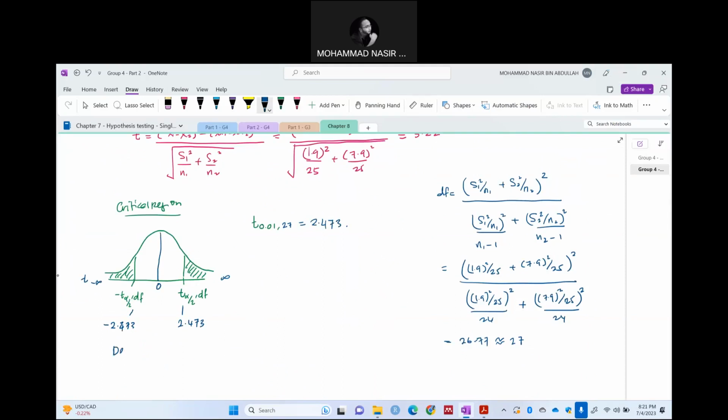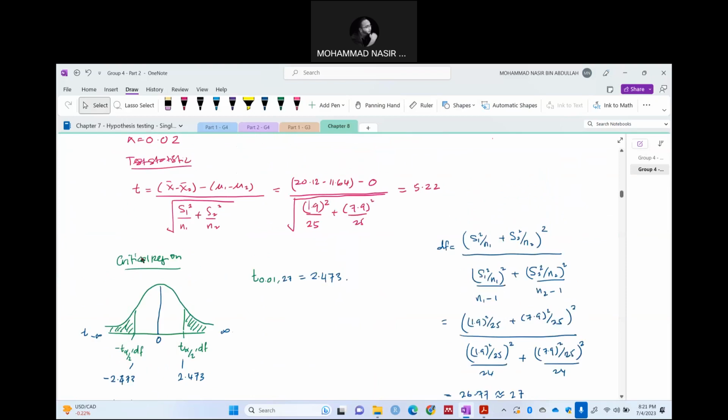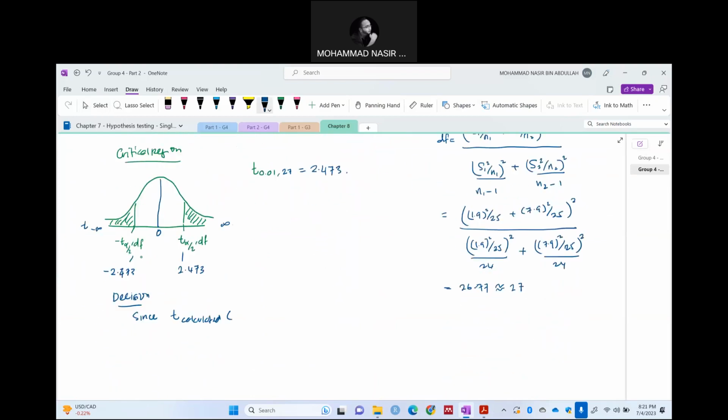Next procedure, we need to make a decision. What is the value of T calculated? 5.22. 5.22 is more than t alpha divided by 2 with degrees of freedom, which is 2.473, so the null hypothesis is rejected.